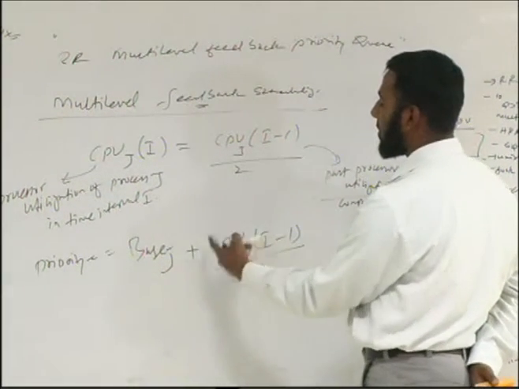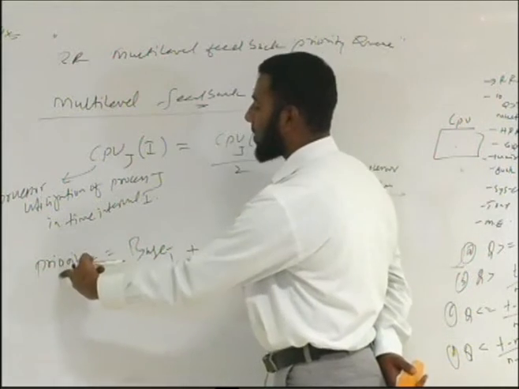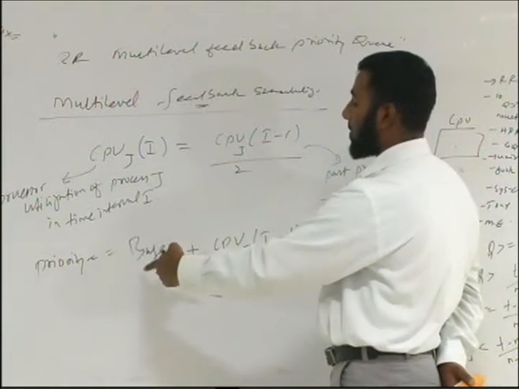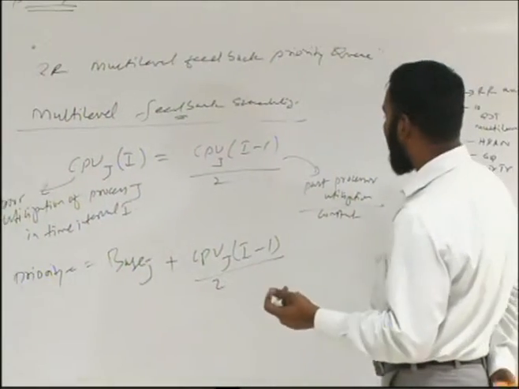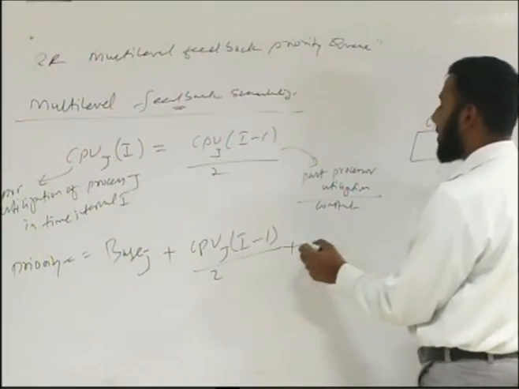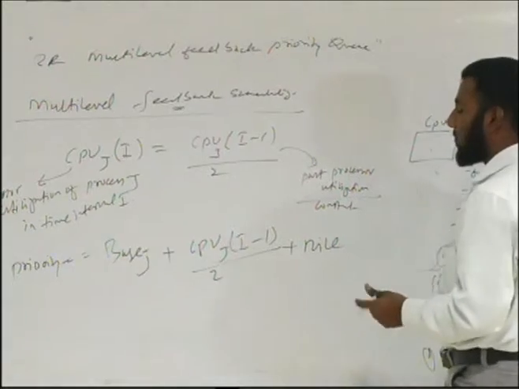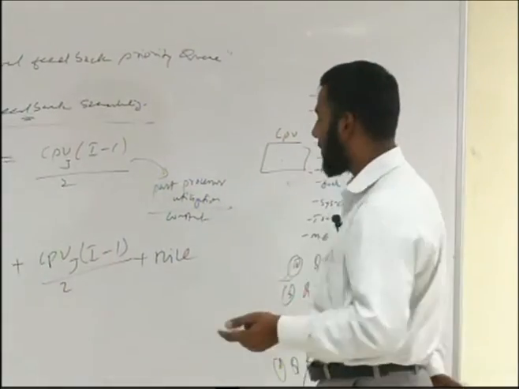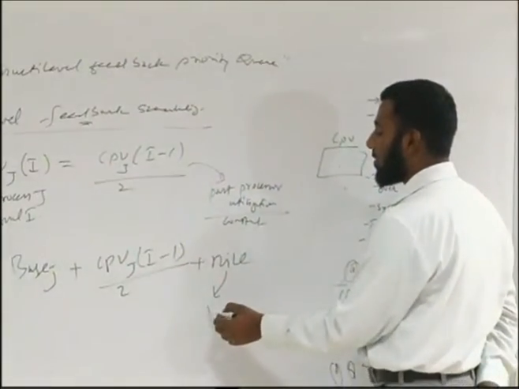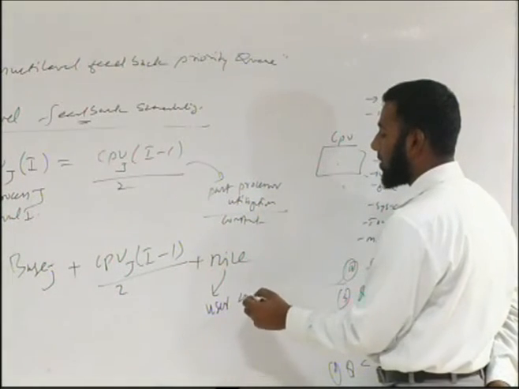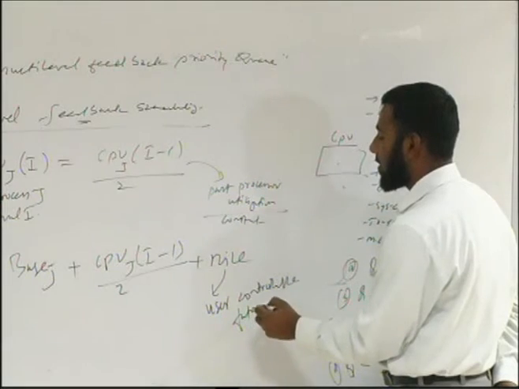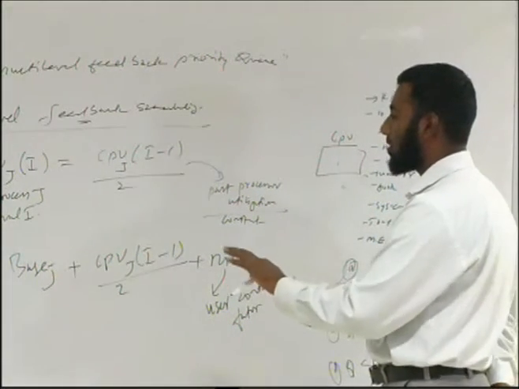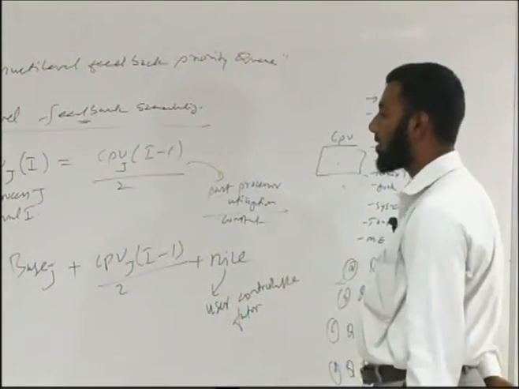It means depending upon the past history, in order to calculate the priority of a process, the base priority will also be considered, plus its past processor utilization, plus some value called the nice value. This is actually a user controllable factor, or the user can control this priority by giving this nice number.